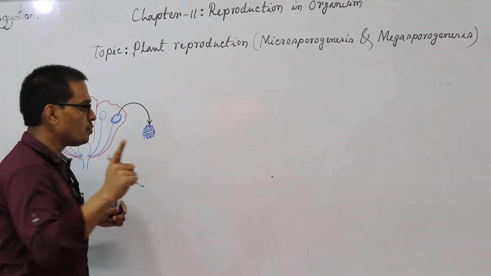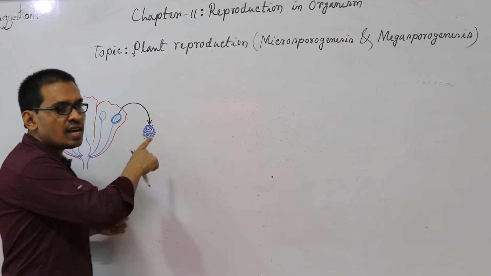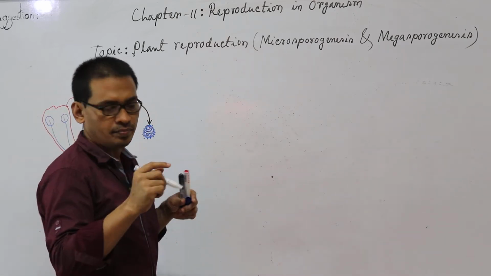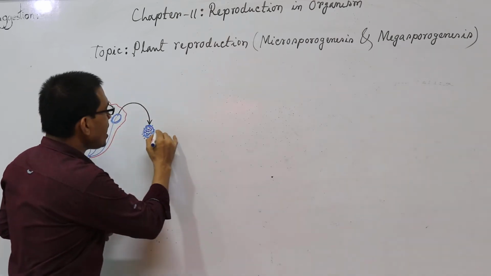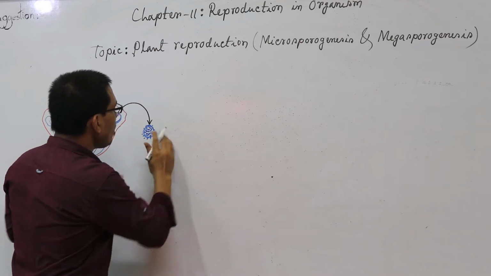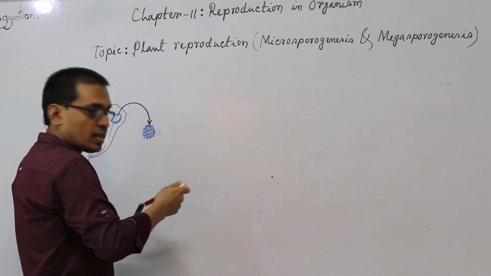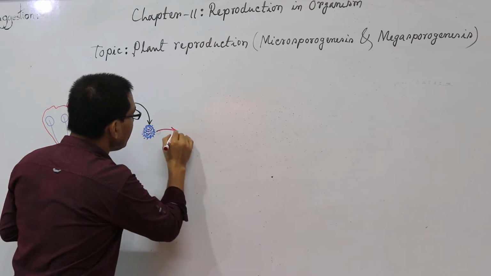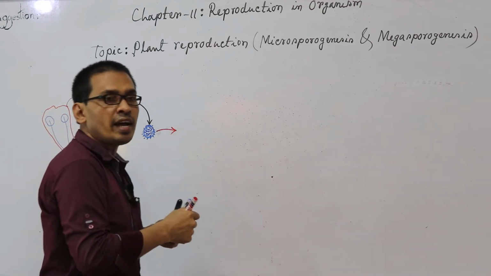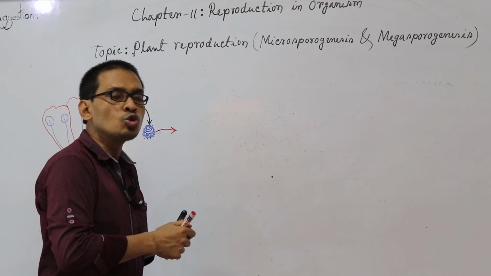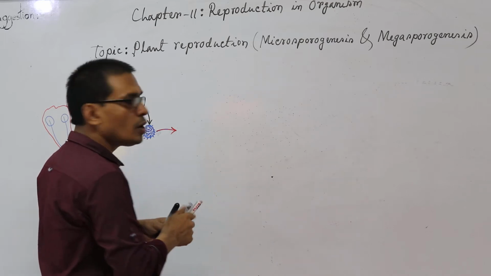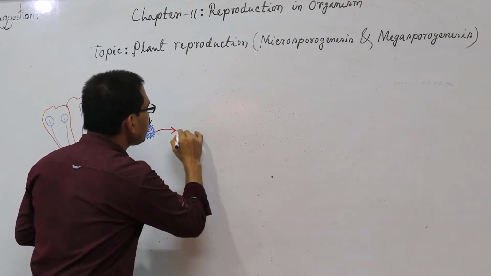After maturity, this pollen grain starts to germinate. At first, the cell of this pollen grain basically divides to produce 2 nuclei by the process of mitosis.